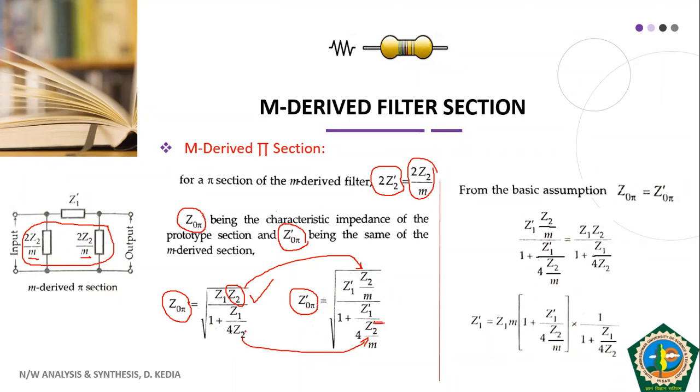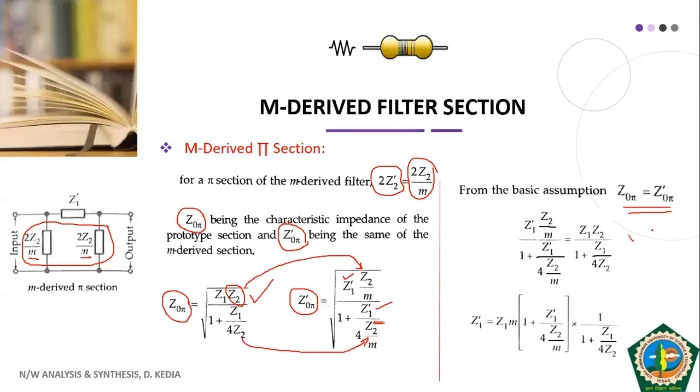And your Z1 will become Z1 dash. So this is our Z naught pi, this is Z naught dash pi. We need to equate them or make them equal.